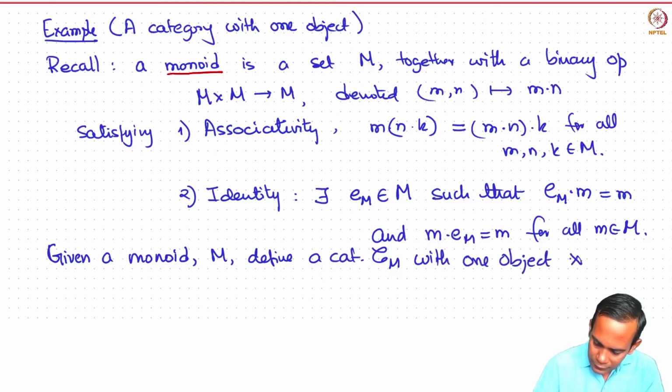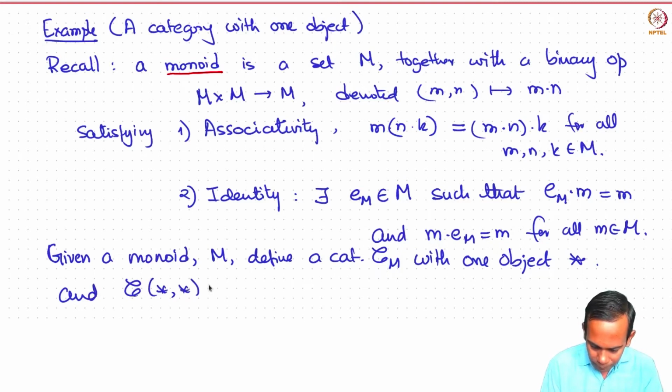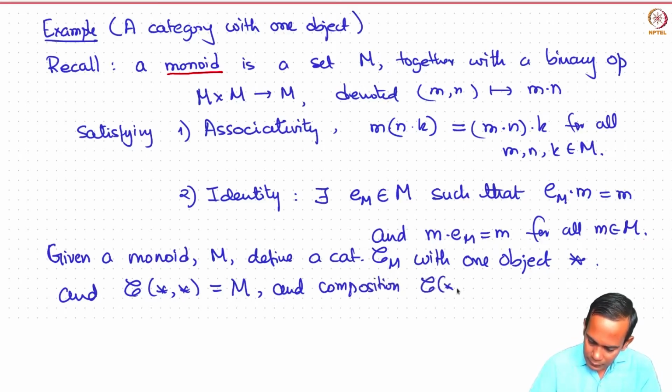Usually we denote it by star, and the arrows from star to star are just the set of elements of the monoid M, and the composition map is given by C(star, star).